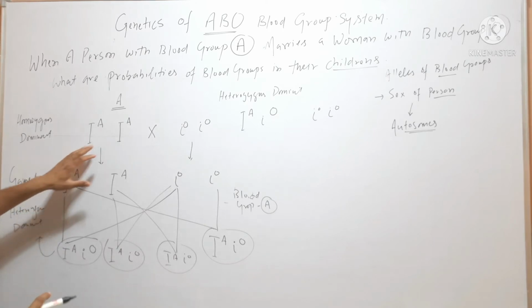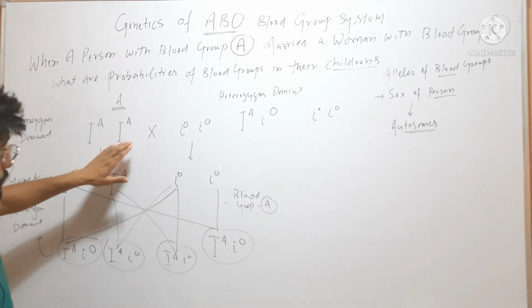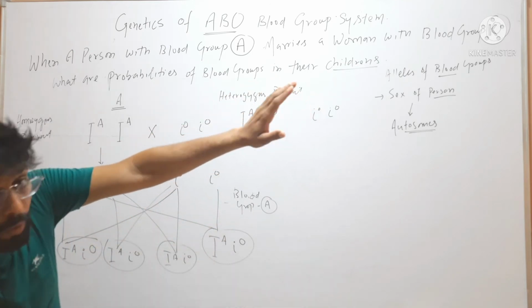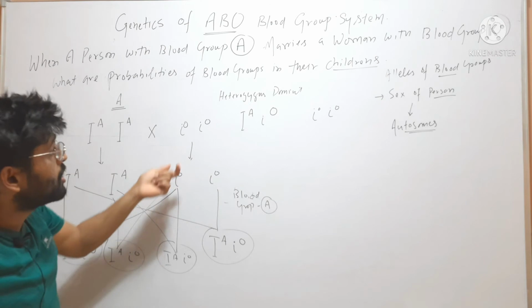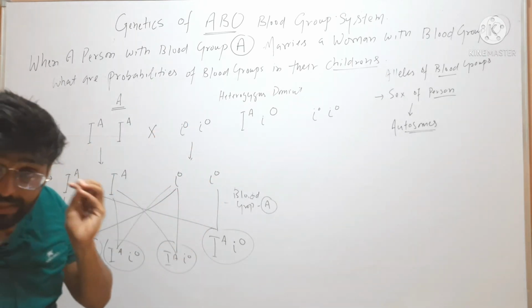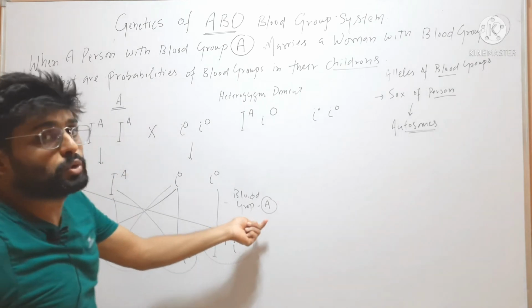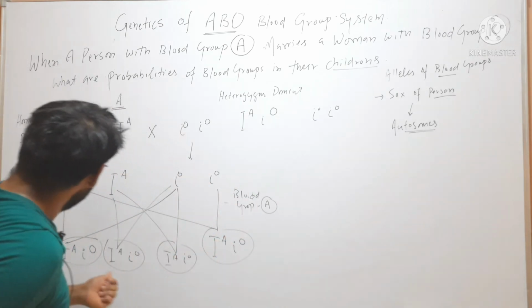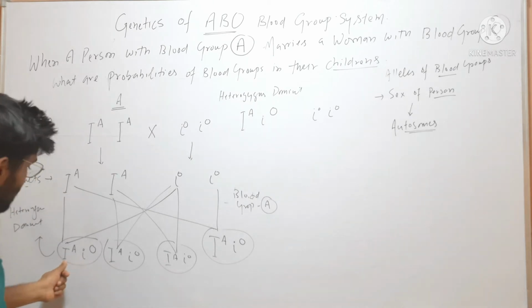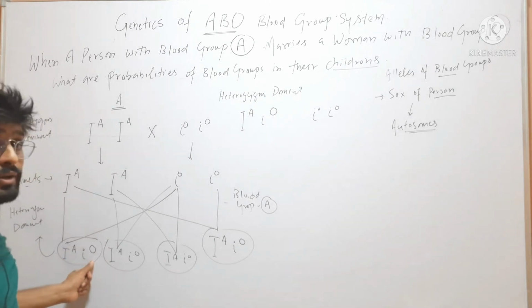So if a person that is homozygous dominant marries a woman with blood group O, and we know that O is always homozygous recessive, then all of their children will have blood group A, and this blood group A is heterozygous dominant because two different alleles are there, that is IA and small i naught.